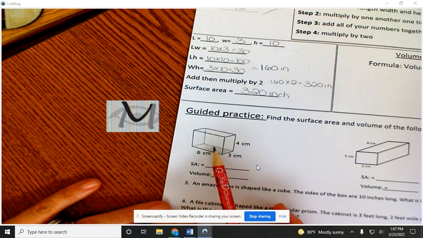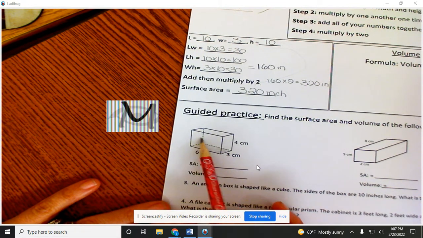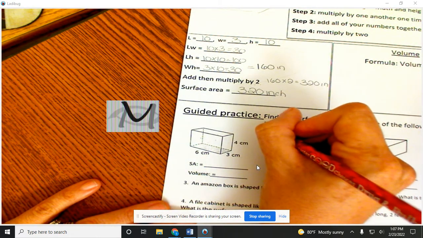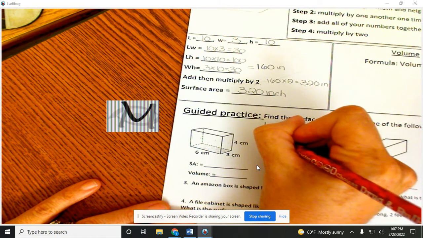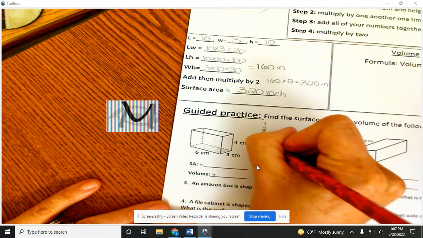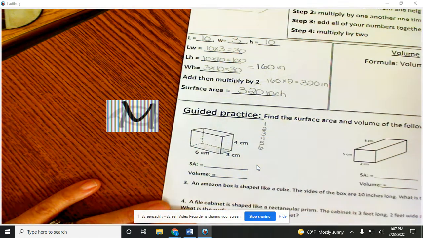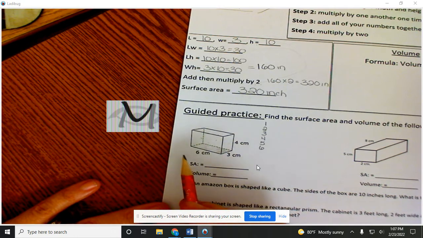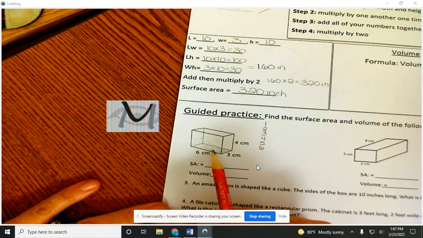So we know that we have 1, 2, 3, 4, 5, 6. So there are 6 sides that we're going to be looking at. And like we did with our triangular prism, I'm going to go ahead and label 6 up here so we're not forgetting any of our sides. Now, let's look at our bottom and our top.